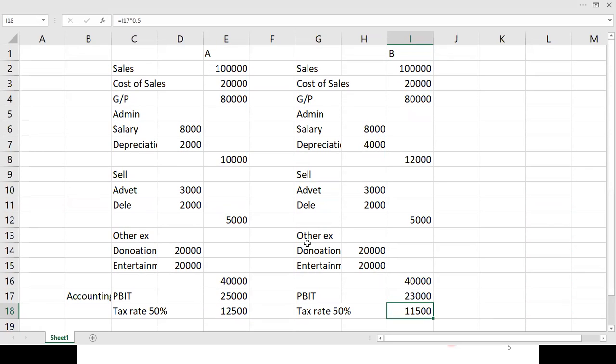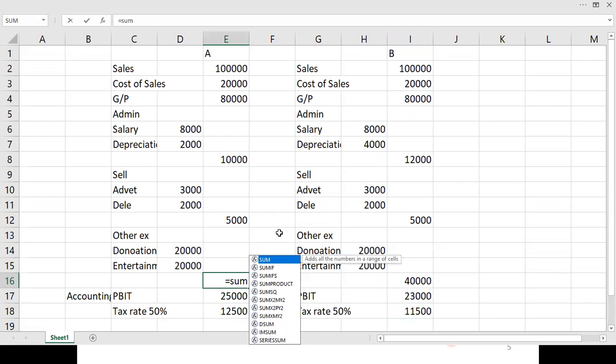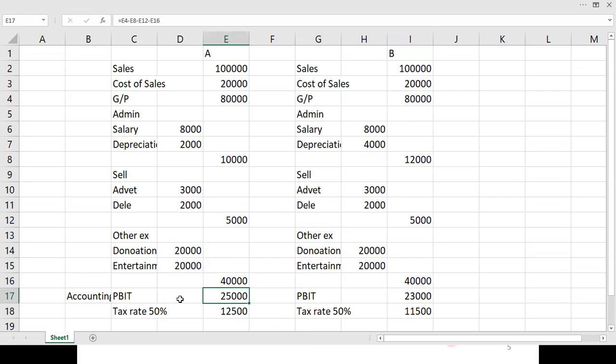And the donation, right? Here, this company pays 40,000 as donation.